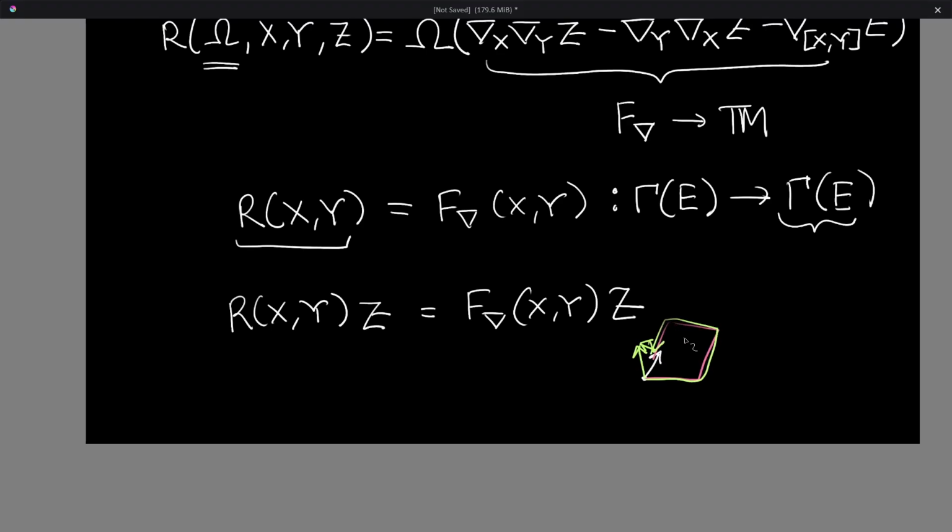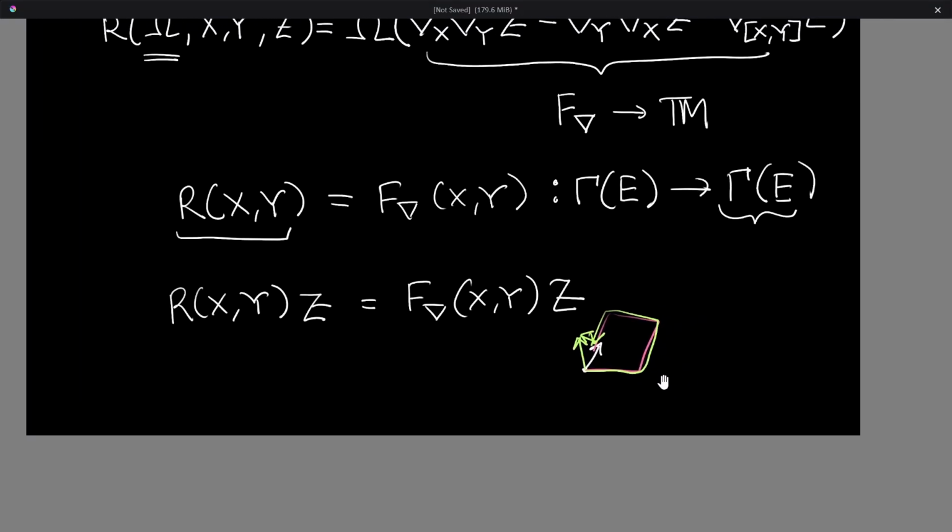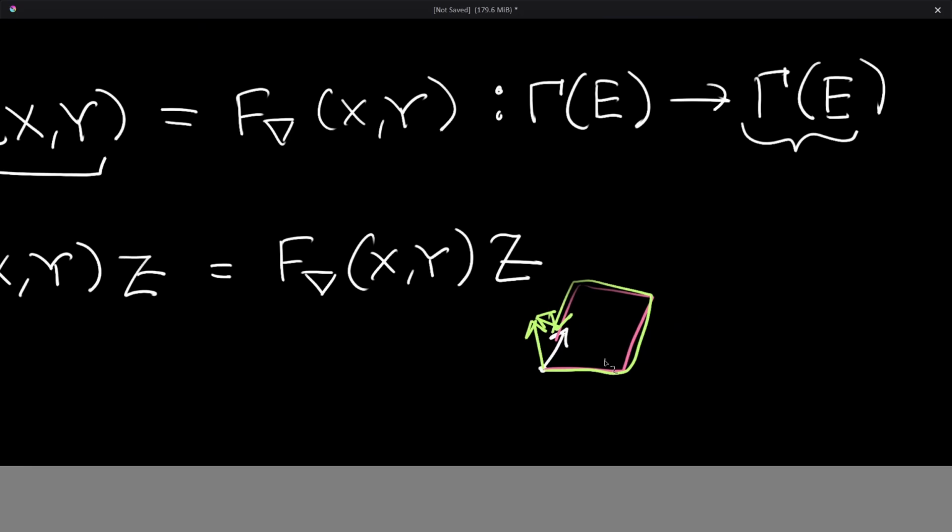I think of each of the inputs of a tensor as telling me that another direction is involved. So there are 4 directions involved with the Riemann curvature tensor. One is the direction of the original input vector, or what component of the input vector you're looking at.